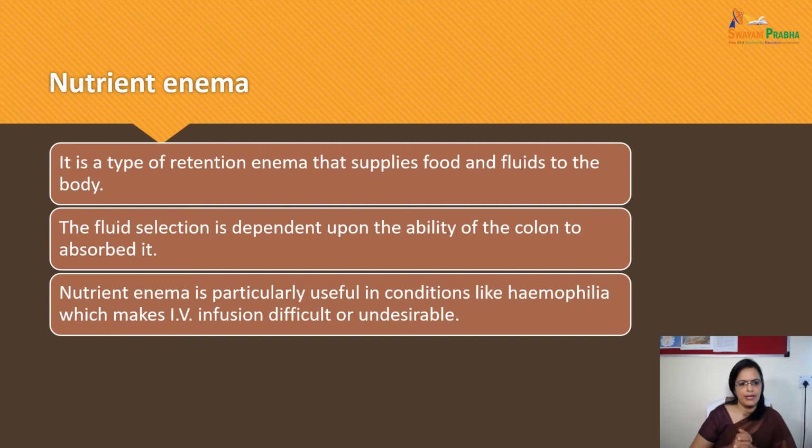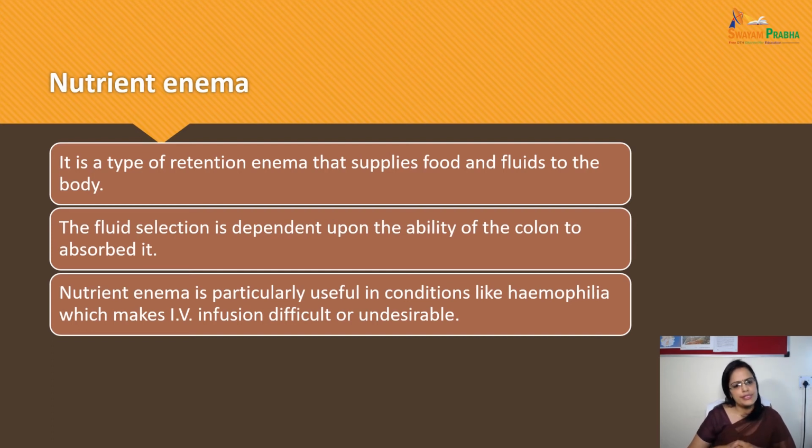Nutrient enema. It is a type of retention enema that supplies food and fluids to the body. The fluid selection depends upon the ability of the colon to absorb it, because when we are going to give any nutritive enema, we first have to see what kind of nutrition can be given and well absorbed by the colon.